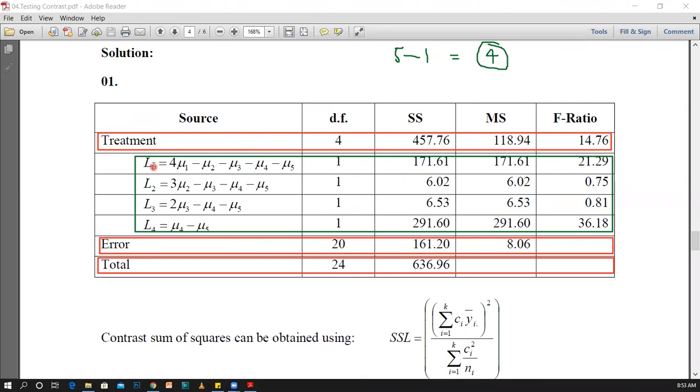For each contrast the degrees of freedom is 1: for the first contrast 1, for the second 1, the third 1, and the fourth also 1.